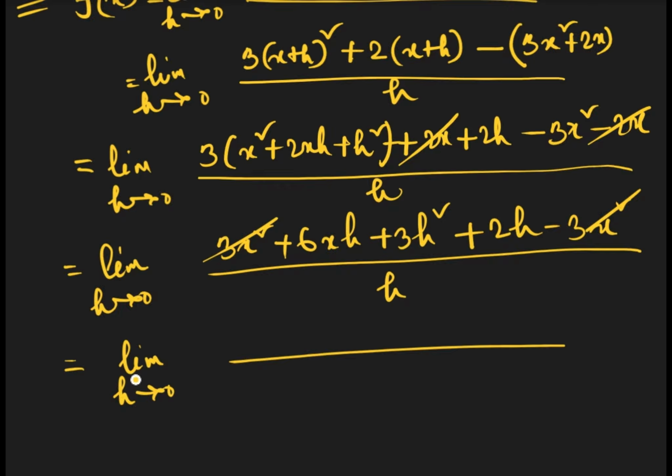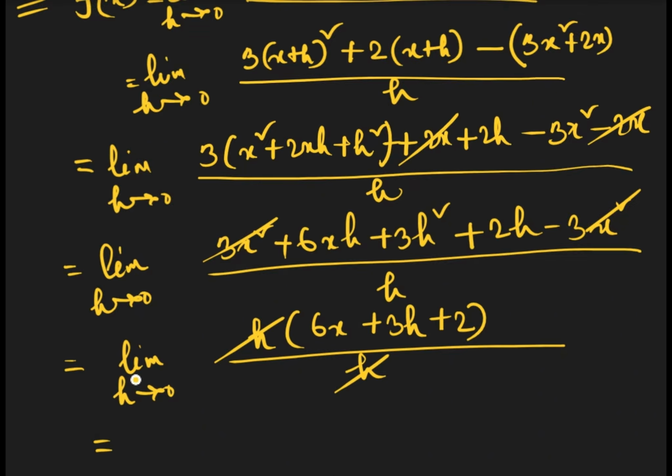Now it's time to do more simplification. So we have to take h common from these three terms. So it will be 6x plus 3h plus 2, and of course here the h. So h cancels out.